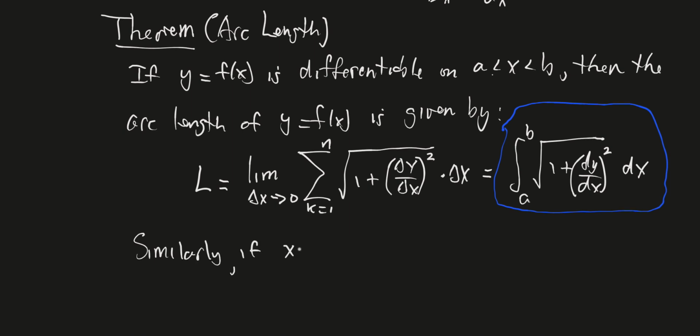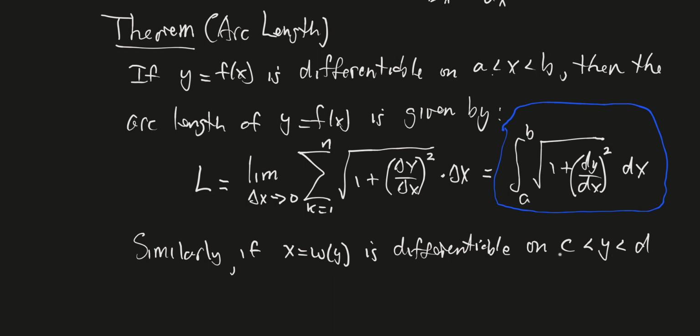if x equals w of y is differentiable on the interval c to d, right? So I'm trying to keep the variables and the limits consistent on the y-axis. But yes, we could have an equation or a curve where x is defined in terms of y, and then the limits are in terms of y, because y is now my independent variable.